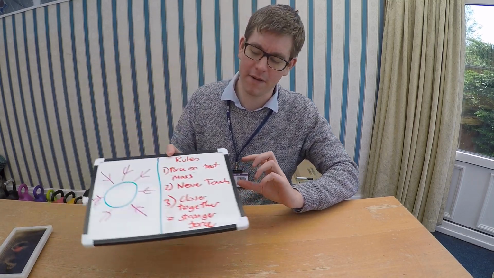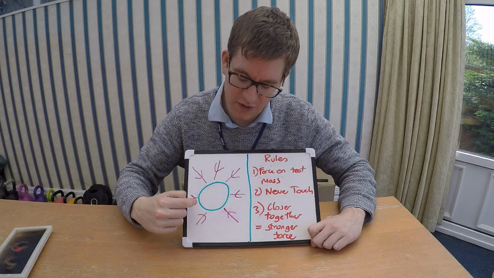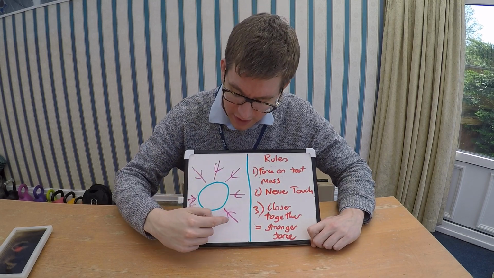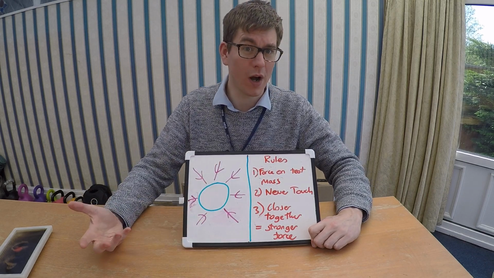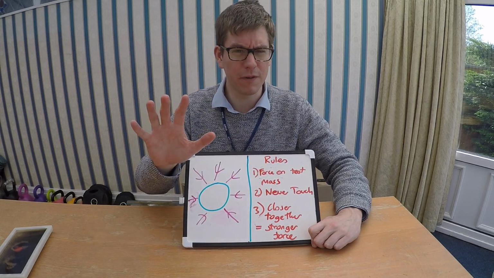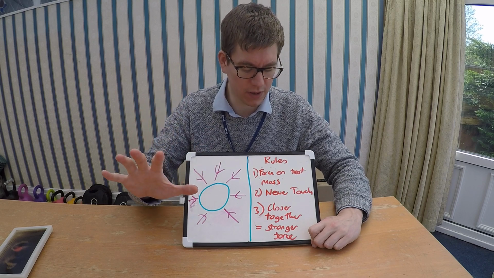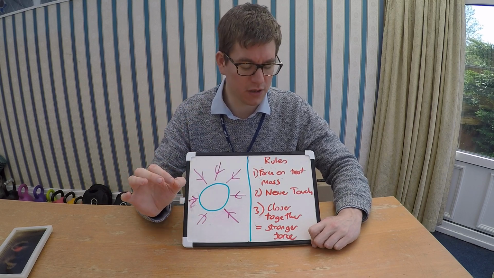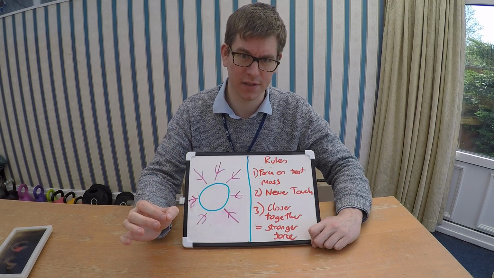So, how do field lines work? Well, here we have a drawing of some field lines. We've got a planet, let's say the Earth or whatever, and the field lines are pointing towards it. So why is that? Well, to see that, we've got the rules of the field lines. The first and most important rule of a gravitational field line is it shows you the force on a test mass.